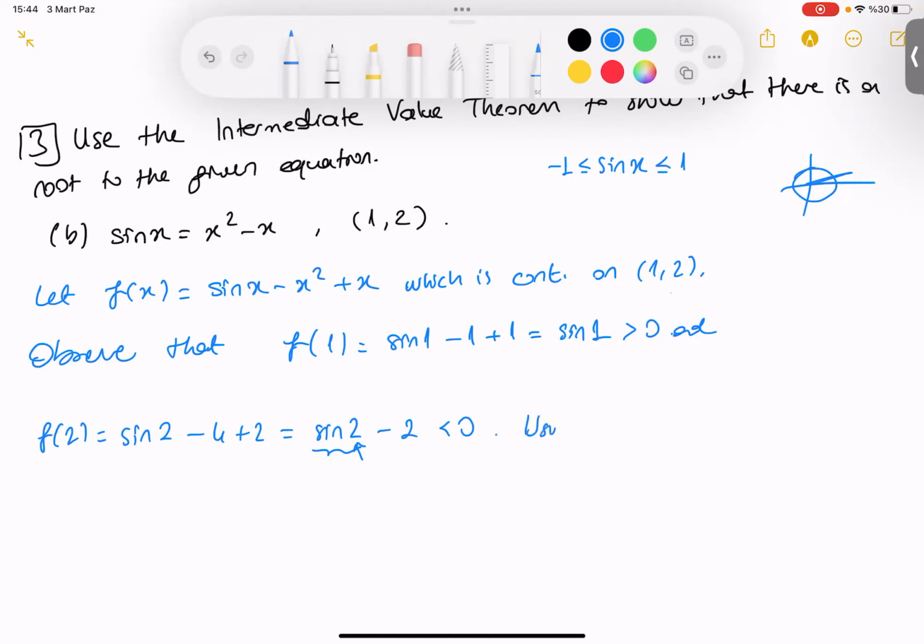So using the intermediate value theorem, there is some c between 1 and 2 such that f of c equals 0, which means you found the root to the given equation. Okay, and you're done.